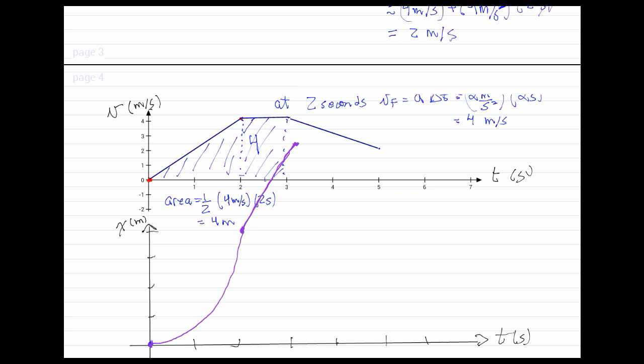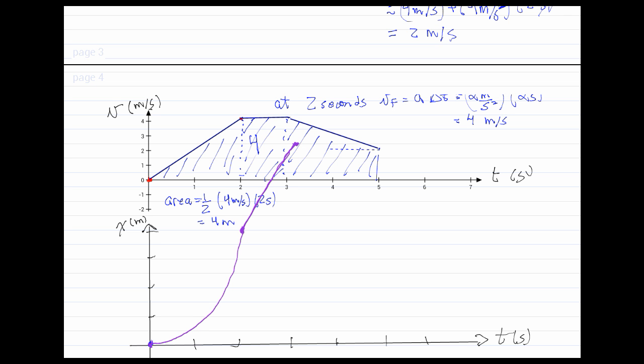Okay, now let's look at the next interval from 3 to 5 seconds. We have to calculate the area of this shaded region. Now there's 2 areas here. We can break this into 2 easier areas. There is a rectangle, which again I didn't draw very well.